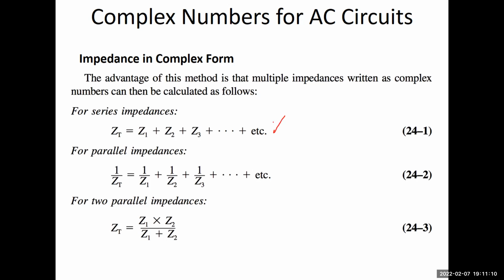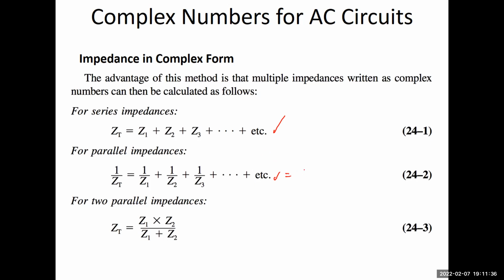And for parallel impedance, same with how we compute for the total resistance in this circuit, di ba? So this is the inverse. That is 1 over Z sub T is equal to 1 over Z sub 1 plus 1 over Z sub 2 plus 1 over Z sub 3.